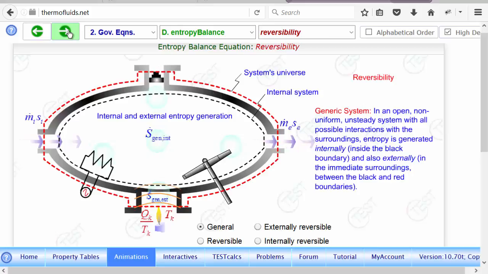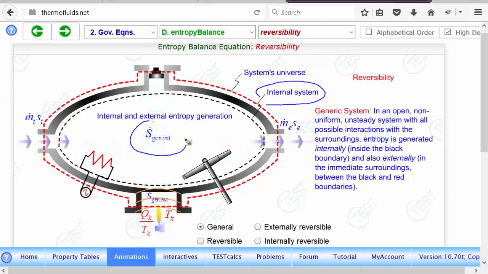So what I mean here is, going back to our generic system, the black boundary inside is the internal system. So all the friction inside that black boundary is called S dot gen internal.